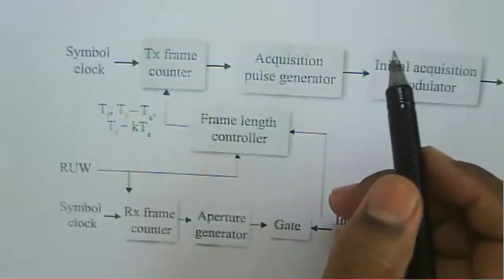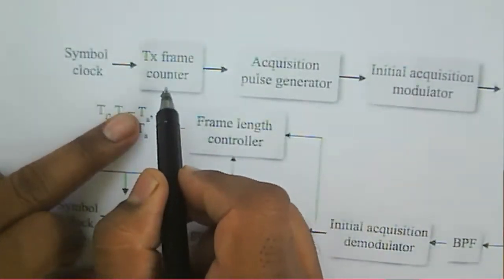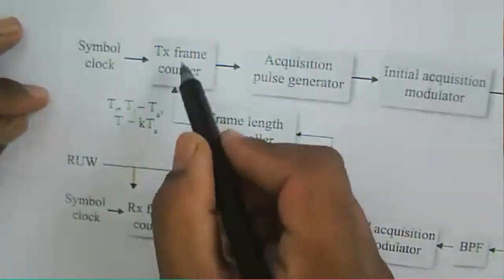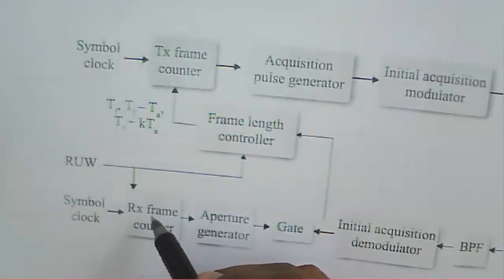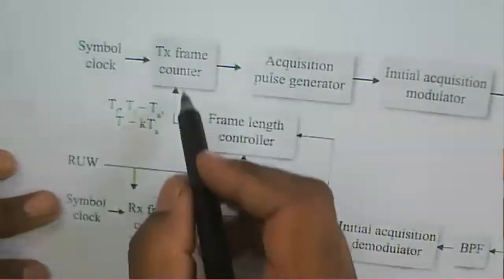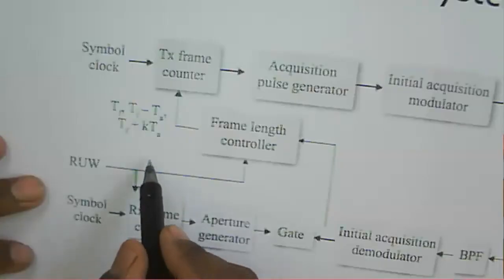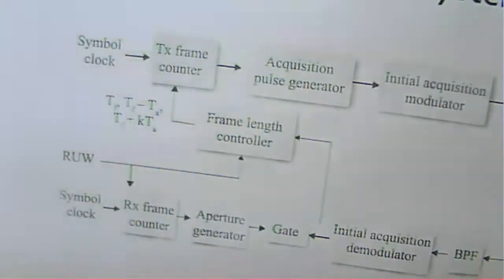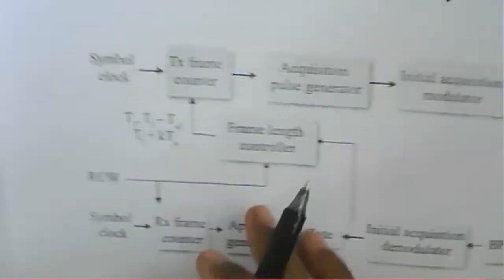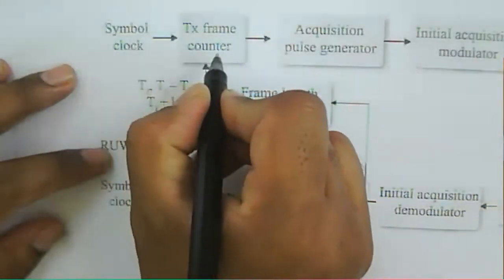In that case it has two counters, one a transmitting counter and another a receiving counter, and these two counters independently generate the receive frame as well as the transmit frame. Here is the transmit frame counter, and this one is the receive frame counter.